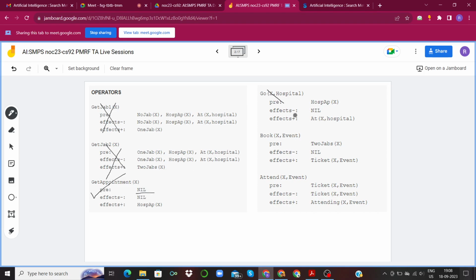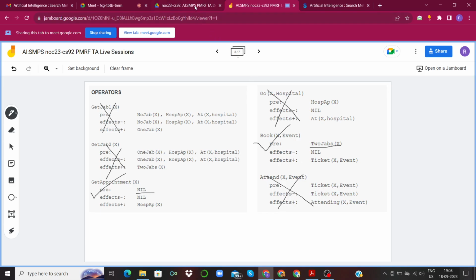We cannot apply go Amol, hospital because hospital appointment X is not given to us. Book Amol, event is something we can apply because 2 jabs Amol are given to us, right? In the preconditions of this particular operator. And again this we cannot apply because ticket X, event or ticket Amol, event is not given to us.